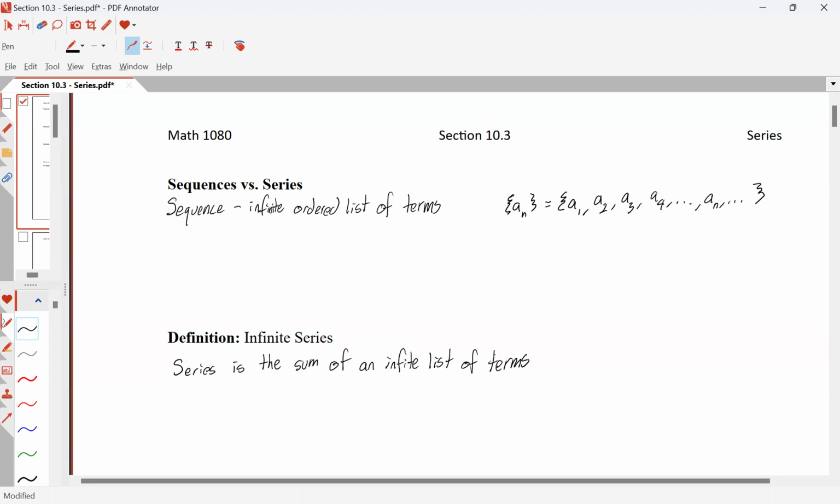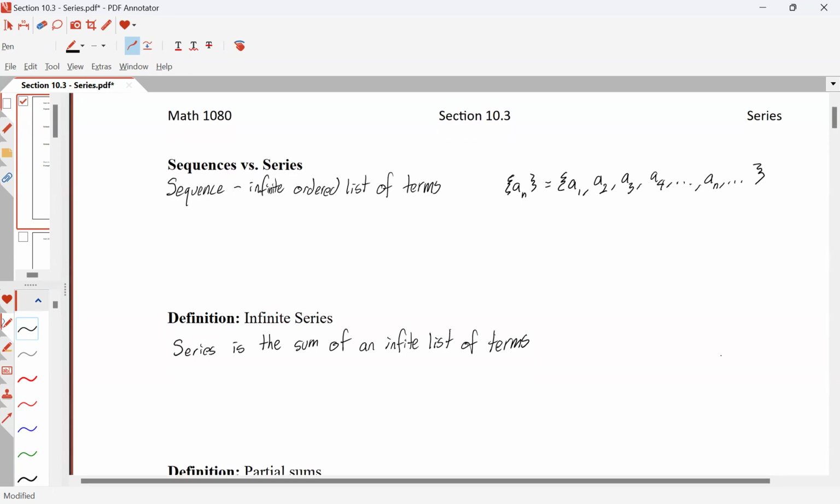So it's taking a sequence and summing them all up. So there are these two things that are going to be talked about, and we're going to actually add on a third, which is another type of sequence we use to talk about the series. But first, just telling the difference between the sequence and a series.